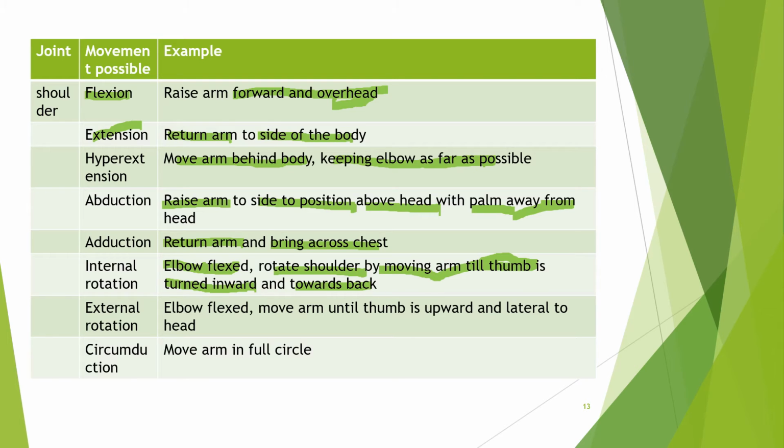And here the tilted thumb turns inward, toward the inside and toward the back. I hope you understand. In the internal rotation the thumb goes to the inner side, and here the thumb is going toward the upward side. And circumduction is the movement of the arm in a circular motion.